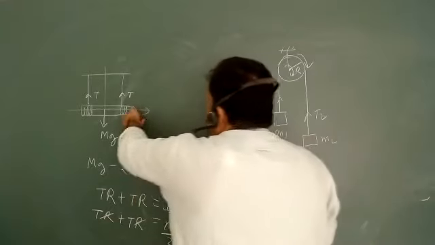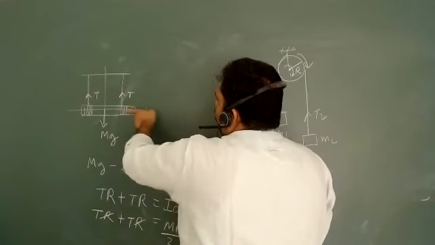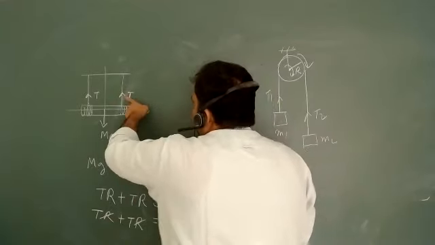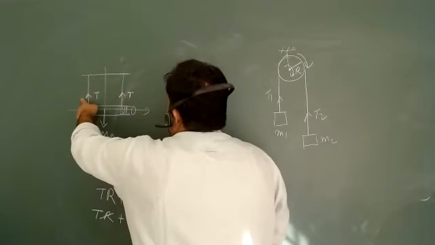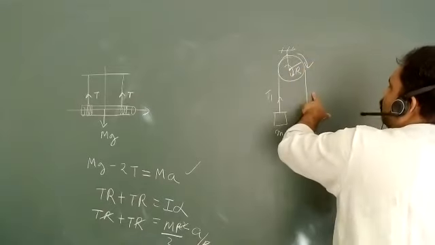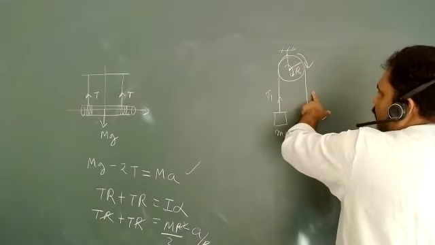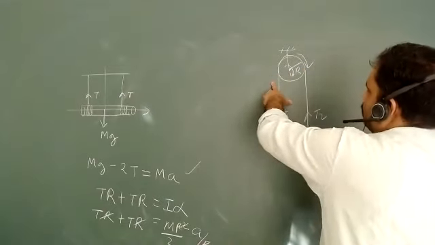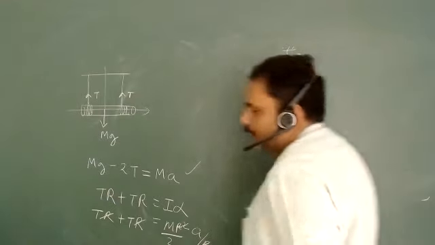So by the rotation of this cylinder, we have the same effect on this tension as in this tension. But here the rotation is different on this string and different on that string. So you have different tension.